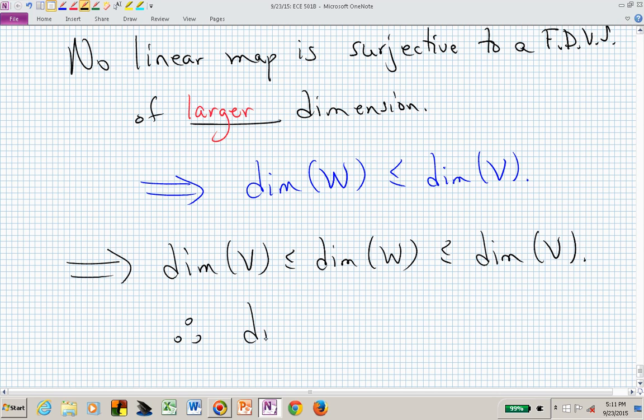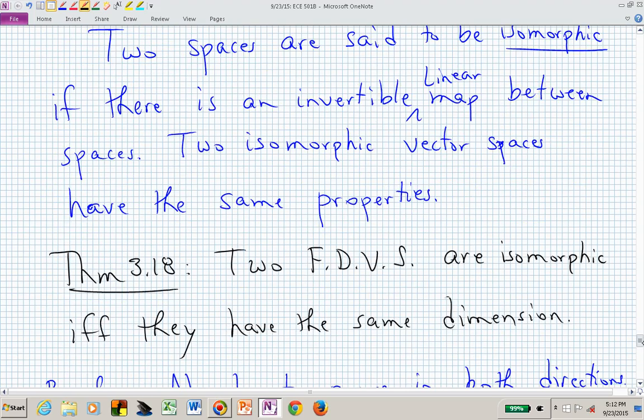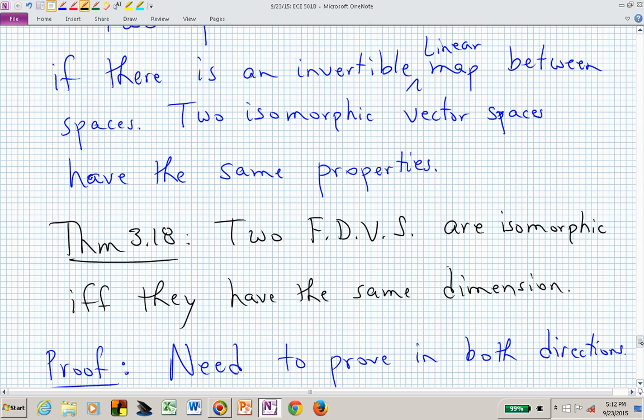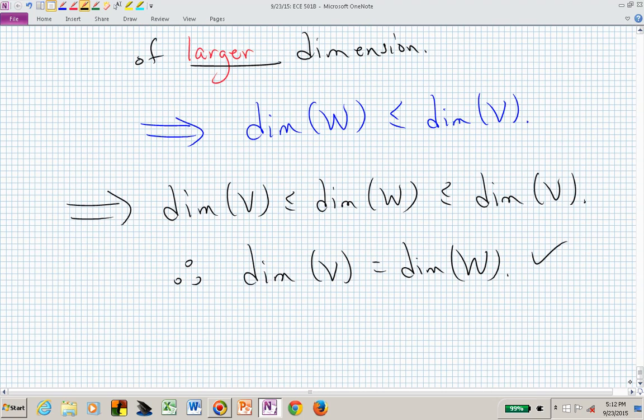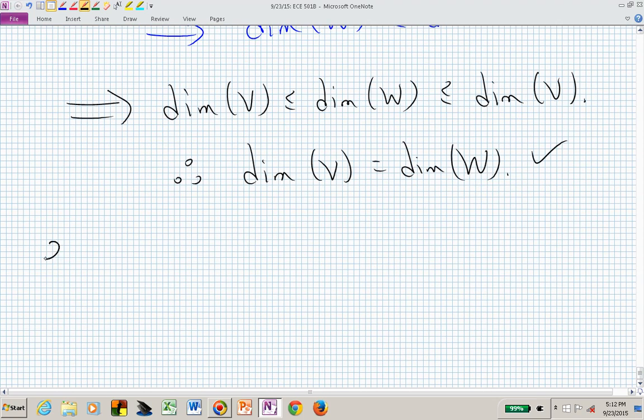Therefore, the dimension of V is equal to the dimension of W, and that's what we set out to show in our first direction. We assumed our two vector spaces were isomorphic, and we just showed that they have to have the same dimension.